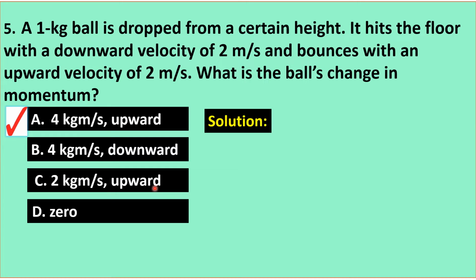And this is how we got that particular answer. We're looking for the ball's change in momentum. The formula for delta P, or change in momentum, is simply the product of the mass times the change in the velocity, or V final minus V initial.